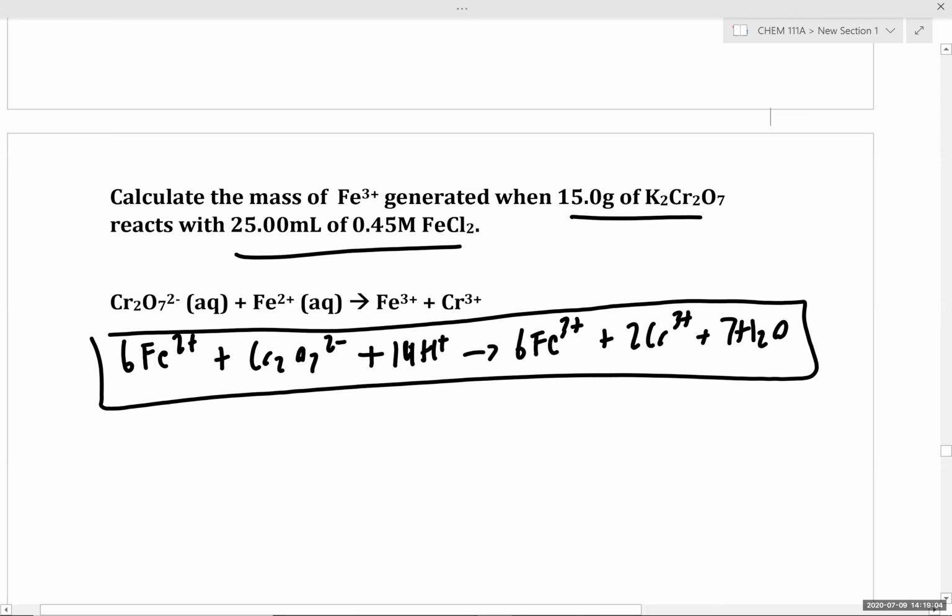We'll discuss this example in another 3 to 4 minutes. And don't be shy to message in the chat your proposed yield for the mass of iron generated from this reaction.